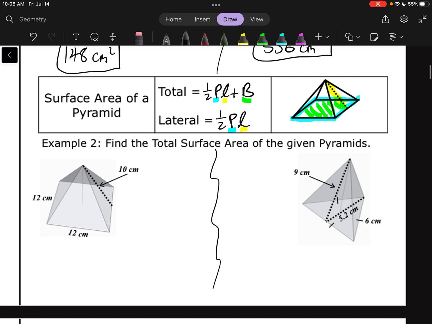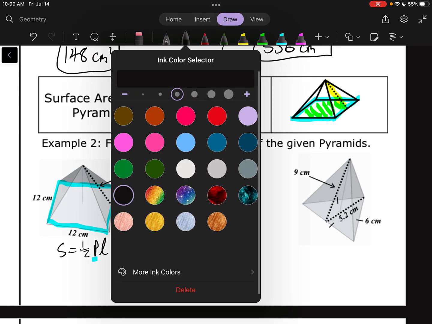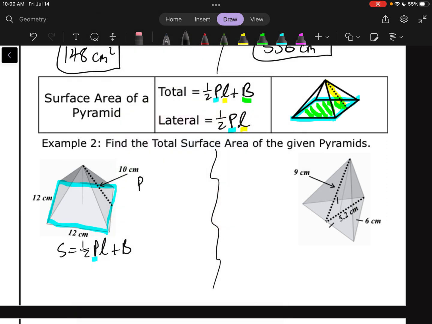Okay, so let's give these two a shot. They want us to do the total surface area formula, so 1/2 PL plus B. P is the perimeter of the base. This looks like a square pyramid, so our perimeter is just going to be 4 sets of 12, which is 48.